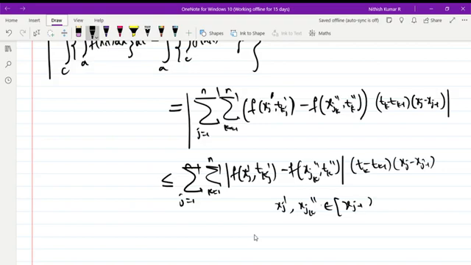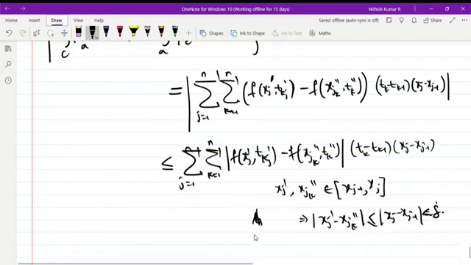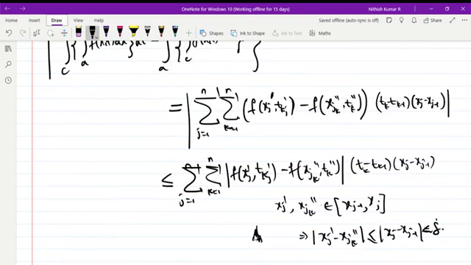Now if you observe, this xj dash and this xjk double dash both belong to xj minus 1 and xj. Also, this implies modulus of xj dash minus xjk double dash, the difference, is less than or equal to modulus of xj minus xj minus 1.